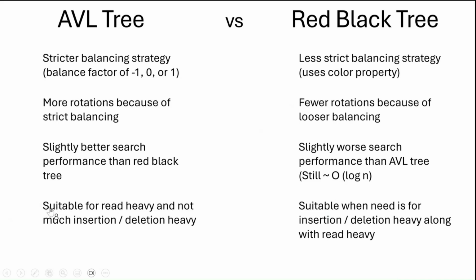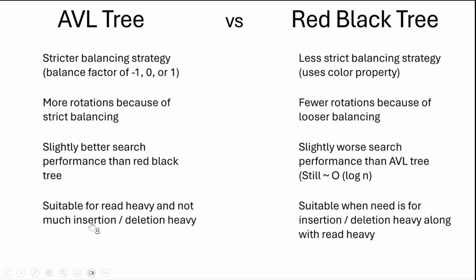That is the reason AVL tree is more suitable where our requirement is read heavy, meaning there are a lot of search operations and not much insertion or deletion. Because of this strict balancing, the rotations in an AVL tree are much more, and it can cause a performance problem if we have too many insertions or deletions, right?